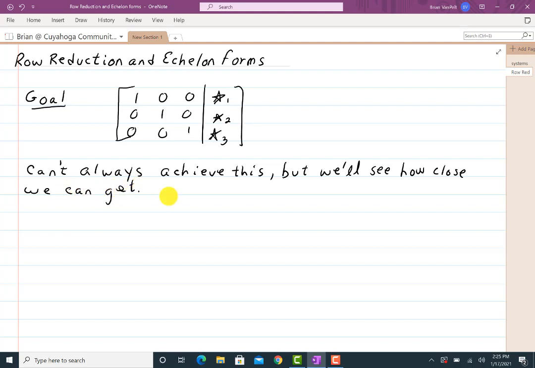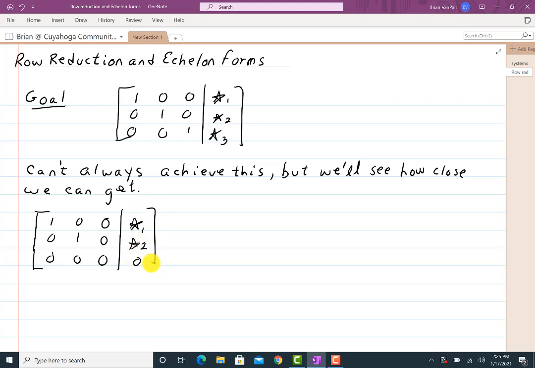So, for example, you might see something like this. You might only be able to get that close. Well, in a situation like that, at least we'll know the value of x and y, but z, of course, couldn't be anything in a situation like that.